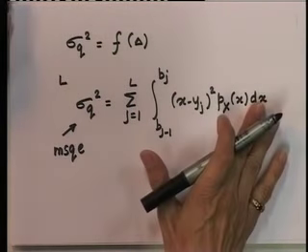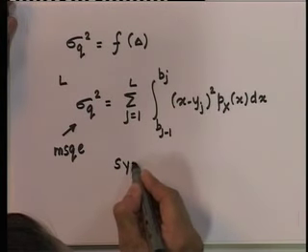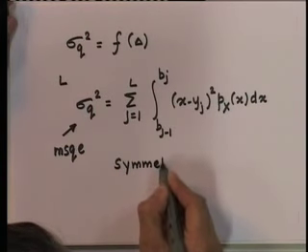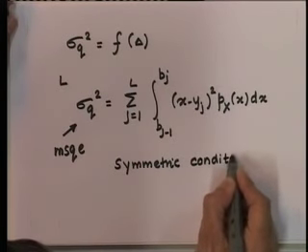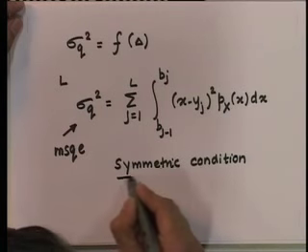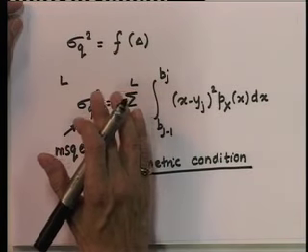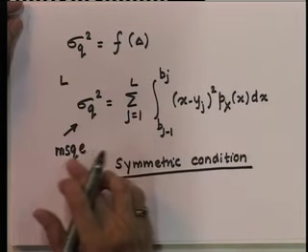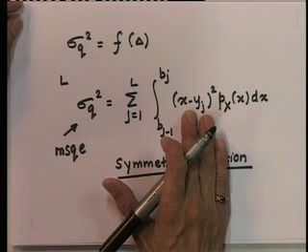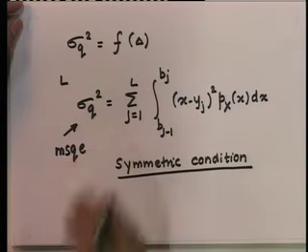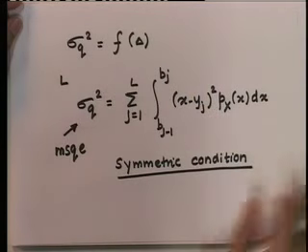Now, as we are dealing with a symmetric condition, we need only compute the mean squared quantization error for positive values of x. The mean squared quantization error for negative values of x will be the same.